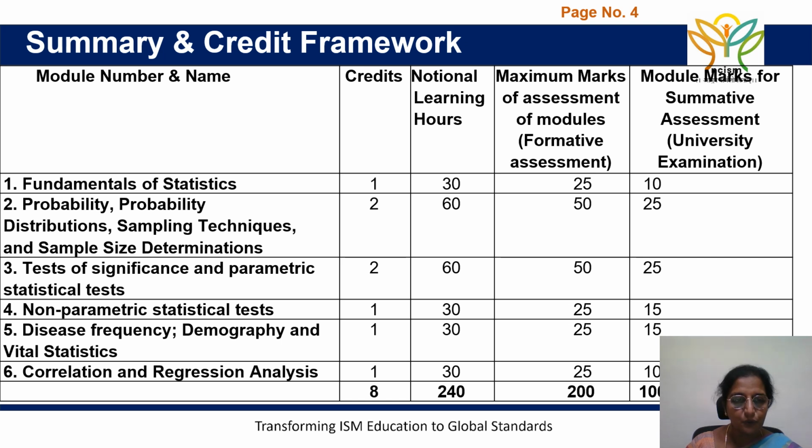Coming to the last module, correlation and regression analysis, it carries 1 credit with 30 notional learning hours, 25 marks for formative assessment, and 10 marks for the university examination. So, the biostatistics course consists of 6 modules with 8 credits, 240 notional learning hours, 200 marks for a formative assessment, and 100 marks assigned for the university examination.